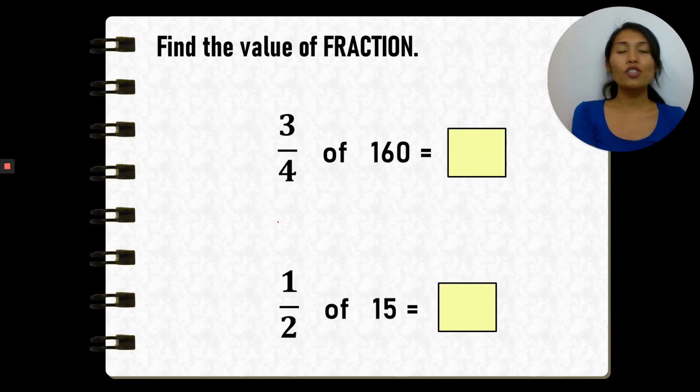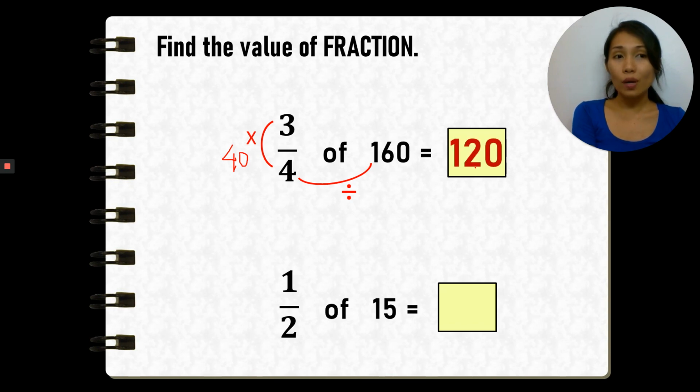Right. Now let's try another example. 3/4 of 160. So 160 divided by 4 equals 40. Now 40 times 3 equals 120. That means 3/4 of 160. 160 is the whole. 3/4 of that is 120.